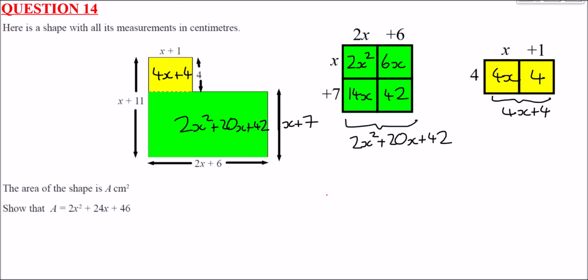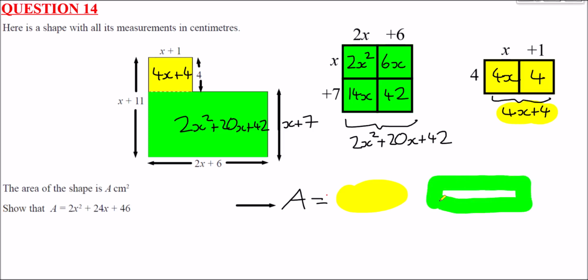So therefore, A, the total area, is going to be our yellow area, which is 4x plus 4, as well as the green area of this bigger rectangle, which is 2x squared plus 20x plus 42.